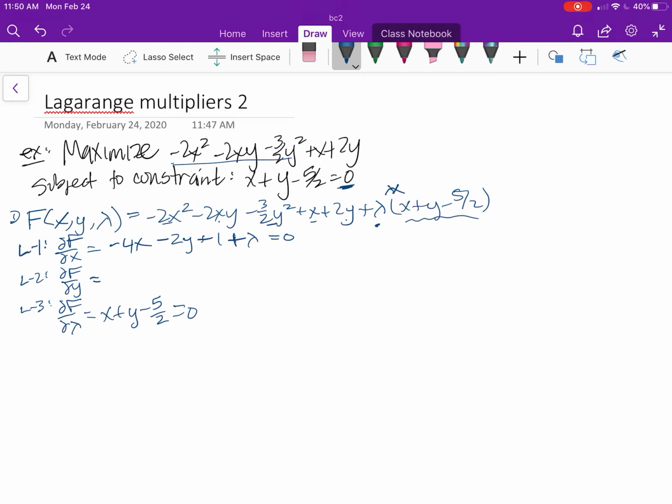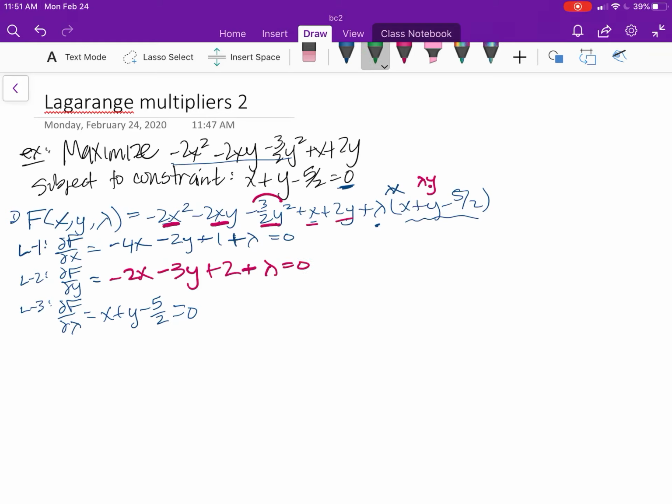Partial y, let's trade colors here. So 0 with respect to y, negative 2x. With respect to y, let's see, bring that 2 down. 2's would cancel, so we'd get negative 3y. 0, 2. And again, just a lambda, because we'd have lambda y, derivative of y is 1, so plus lambda.